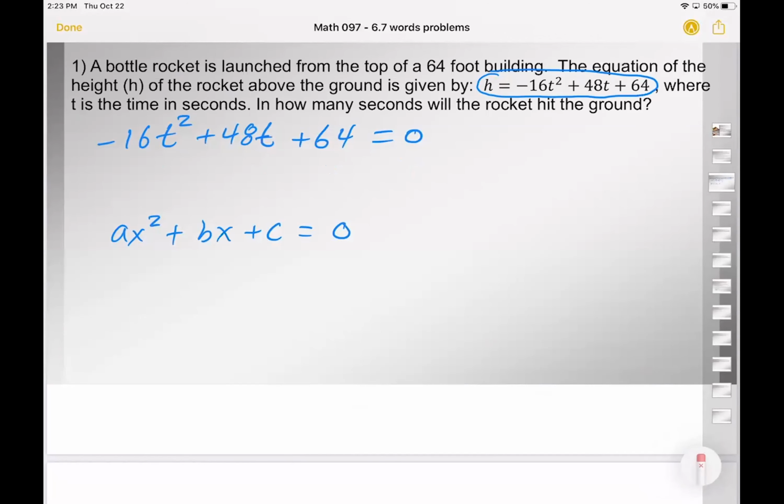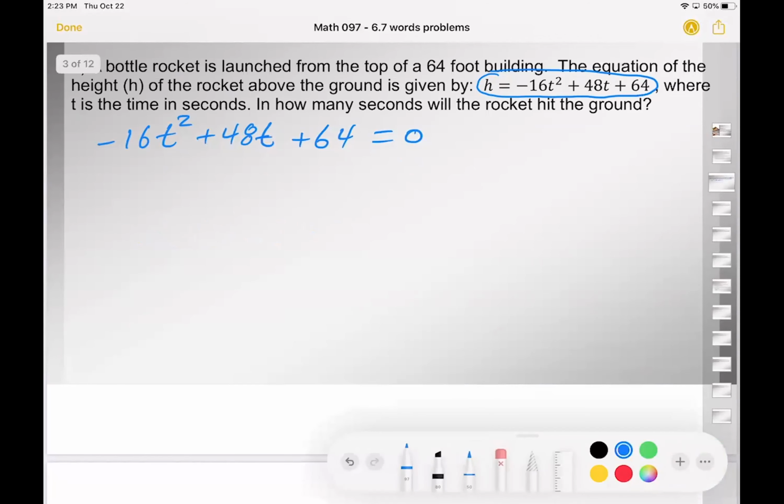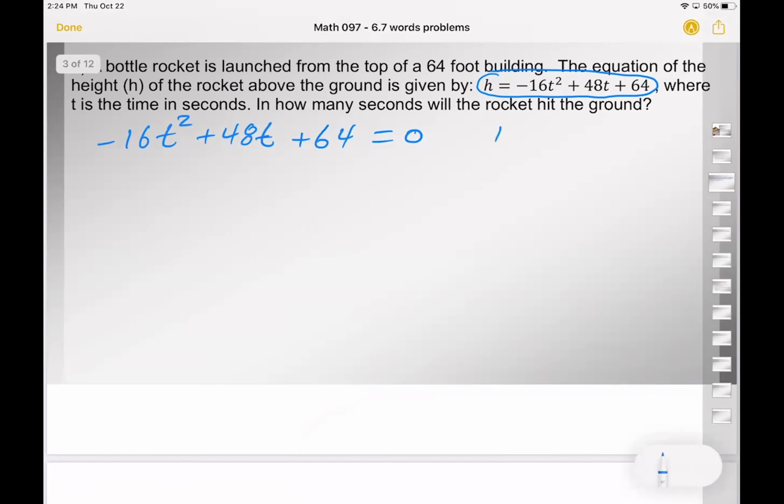In order for us to do this, the first step, like I mentioned on the previous slide, is you take whatever equation they give you and set it equal to 0. Once you set it equal to 0, you need to factor out a GCF. Meaning, between the 16, the 48, and the 64, do they have a common divisor?